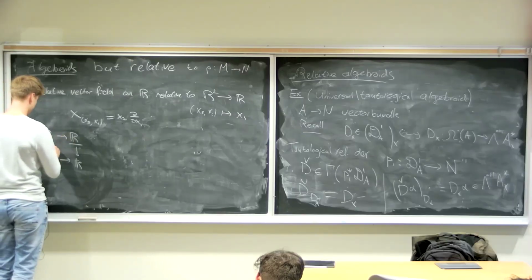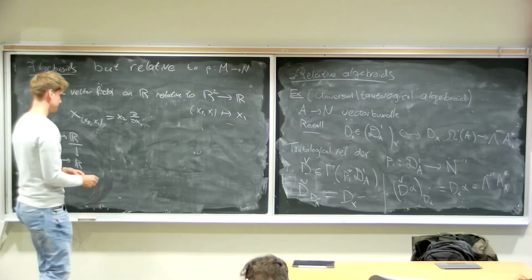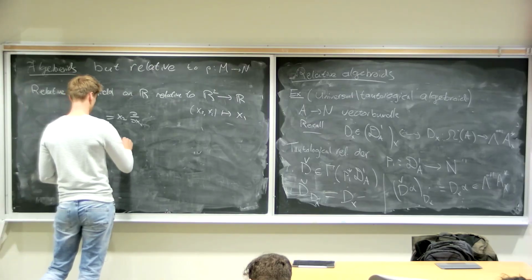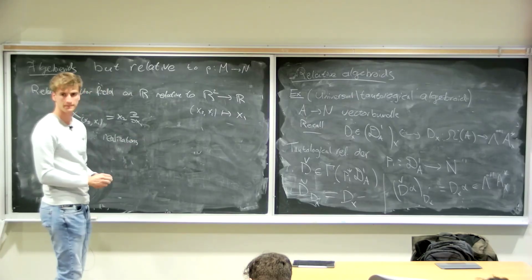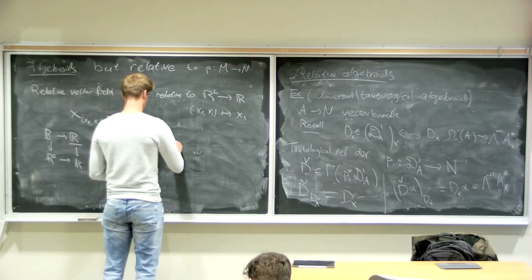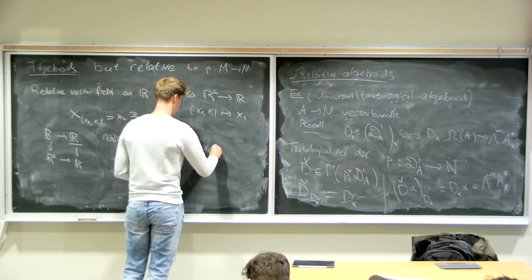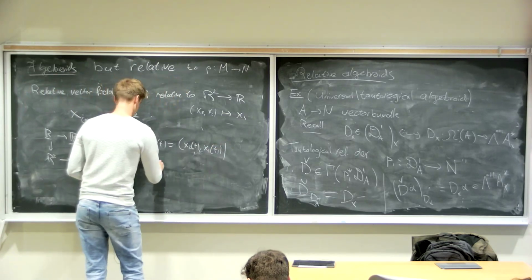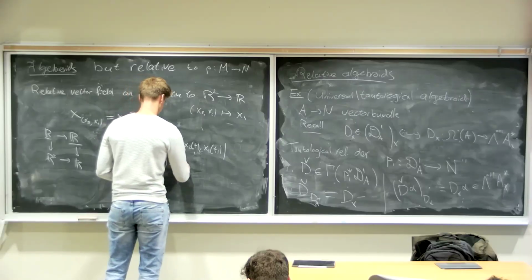The realizations are integral curves. So gamma of t equals (x2(t), x1(t)) such that x1 dot of t equals x2 of t.